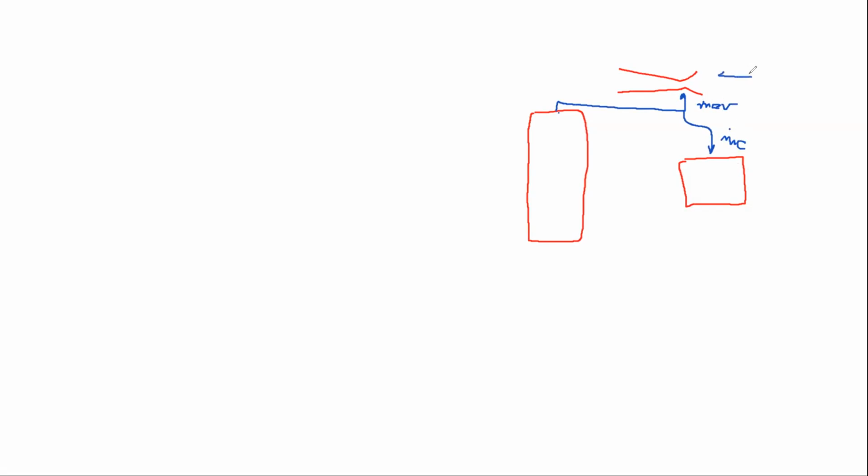Here we have m dot motive steam, and what will be leaving here is basically a combination of both. And here we have m dot entrained vapor plus m dot motive steam.